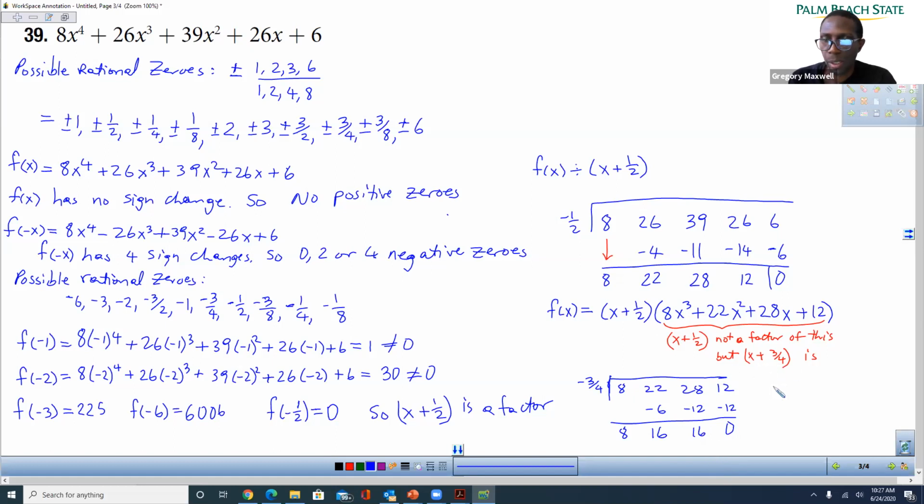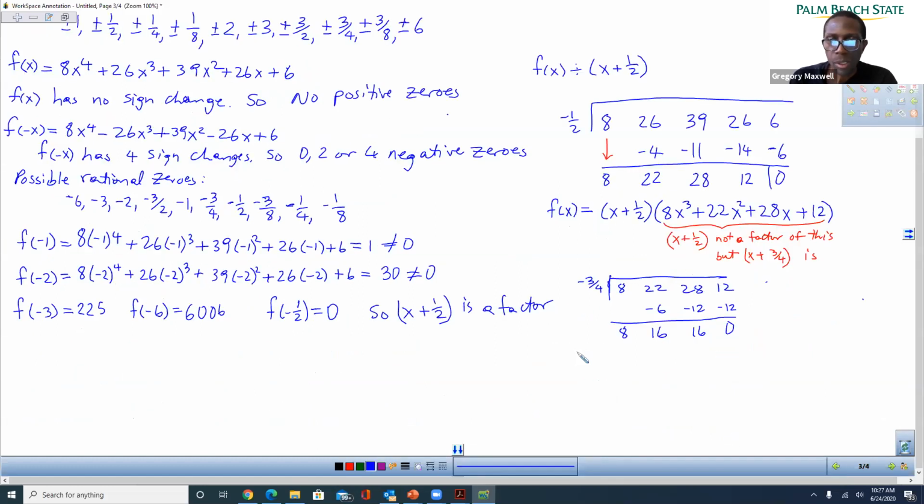And so f of x becomes x plus half times x plus 3/4 times 8x squared plus 16x plus 16.